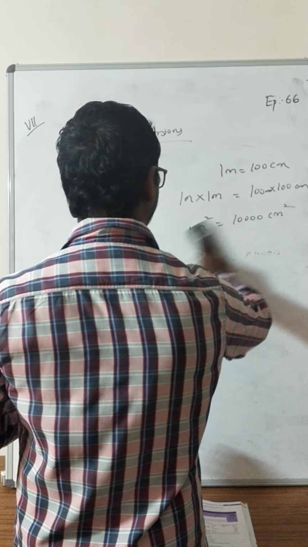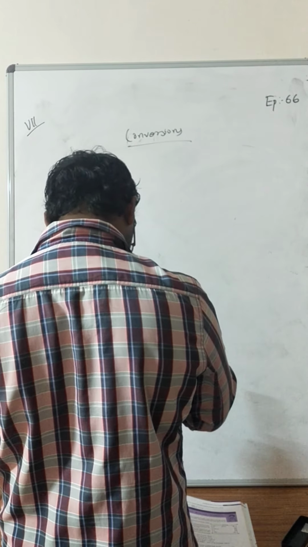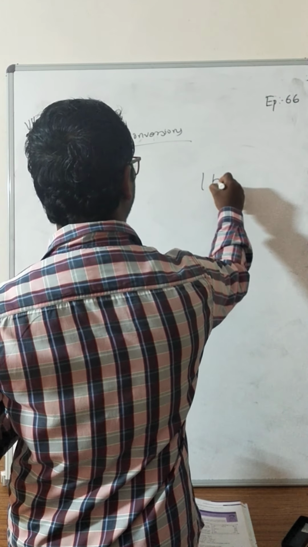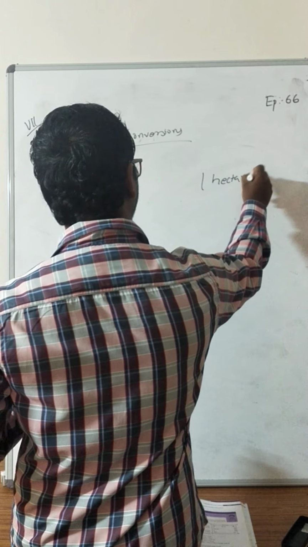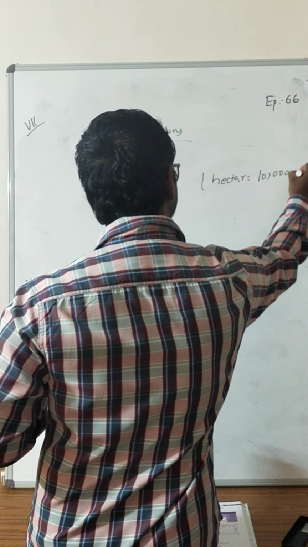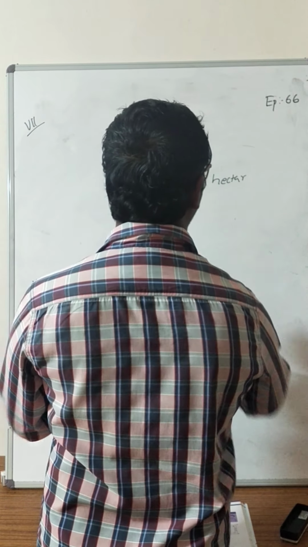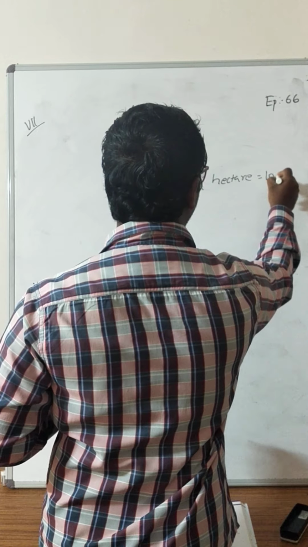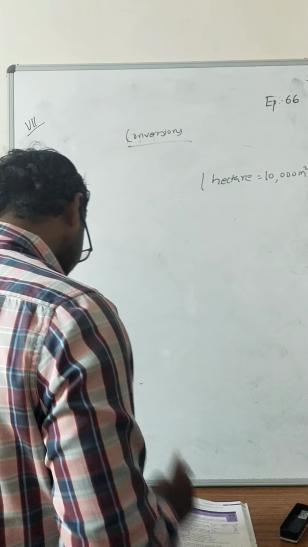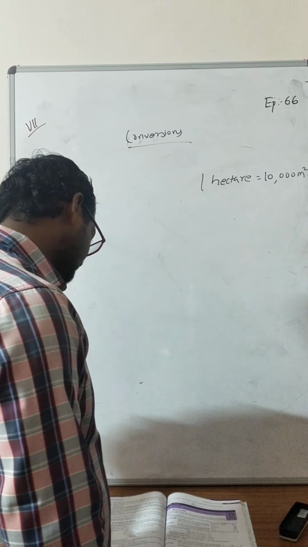Okay. Now 1 hectare. Just remember, 1 hectare has 10,000 meter square. Now some try-this questions.